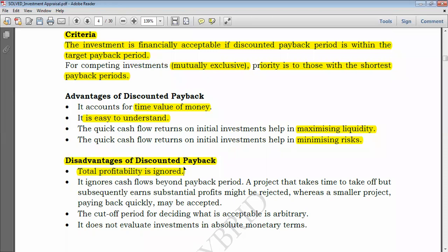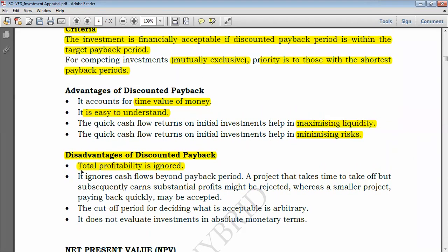Some profits should actually be considered because even when judging investment, measures like earnings per share are considered, and earnings incorporate non-cash items like depreciation. So it's just like that. Okay, another disadvantage here, we are told, it ignores cash flows beyond the payback period.